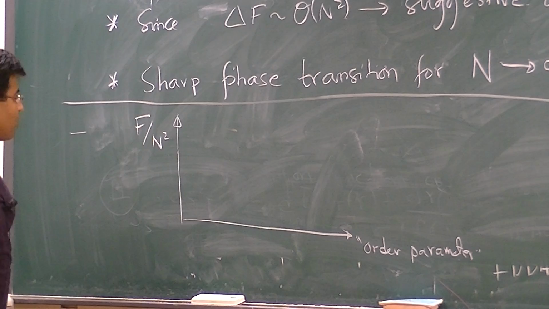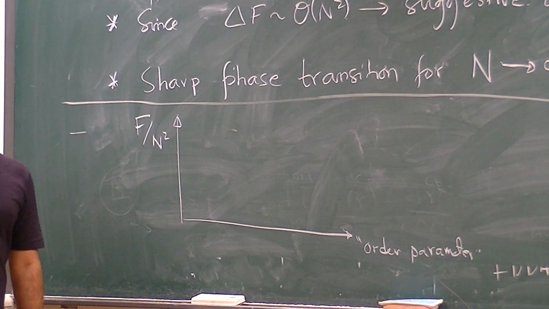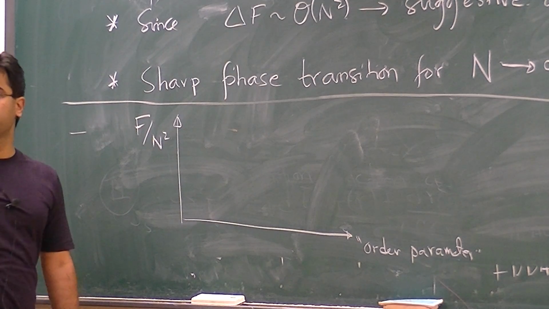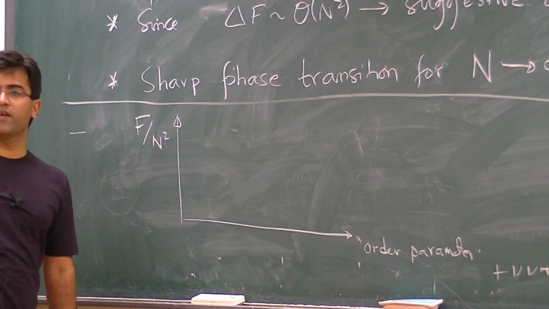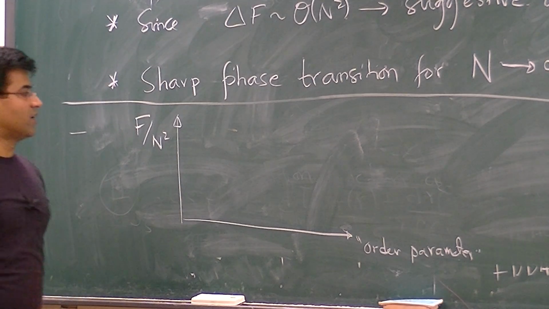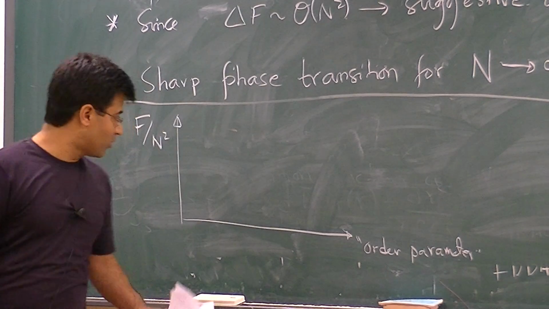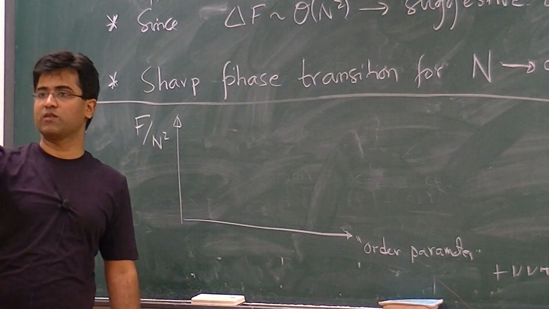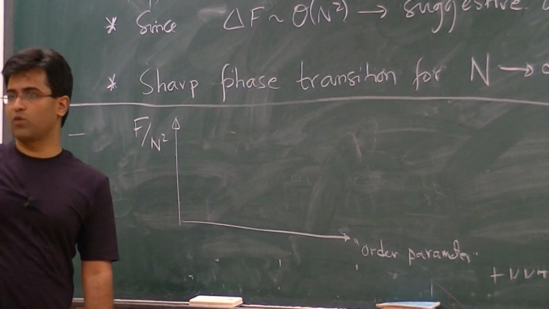Now the point is, what's this free energy as a function of order parameter? If you were doing ordinary field theory, say lambda phi to the fourth, and you were studying some kind of discrete symmetry breaking effect as a function of temperature, like for example in the Ising model, you would plot the free energy versus the magnetization, and then you would see what the hills and the valleys in the graph look like.